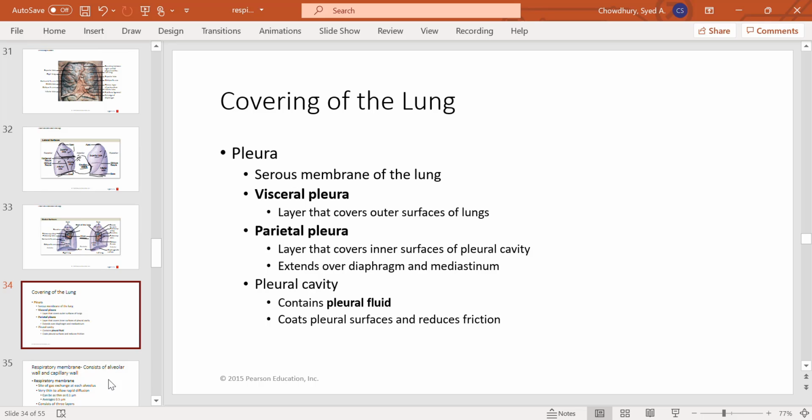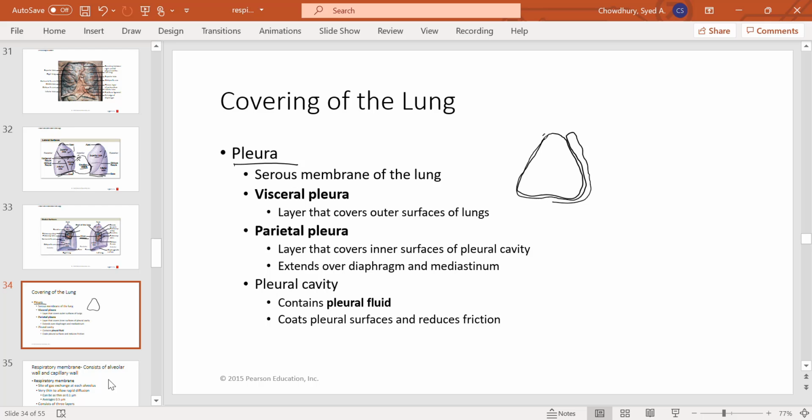Pleura is the covering of the lung. So the lung, if this is your lung, it has the covering. Now the covering has two layers. One is attached to the surface of the lung, so it is directly attached, right, to the surface, and then what happens, you see here, it gets folded like this and forms the outer layer.